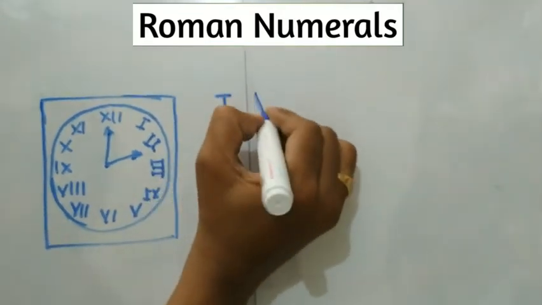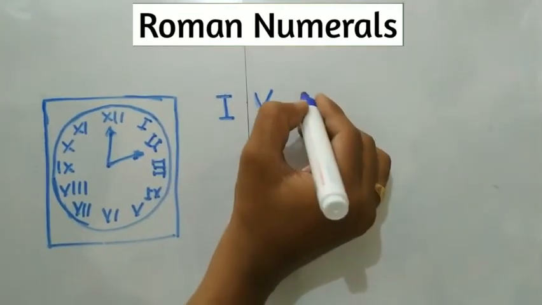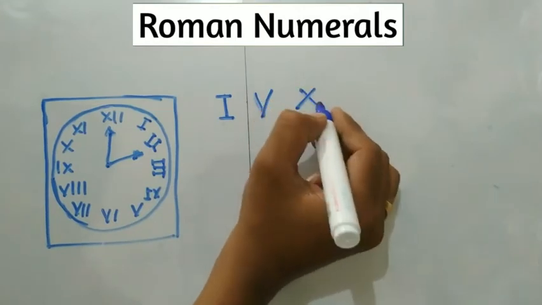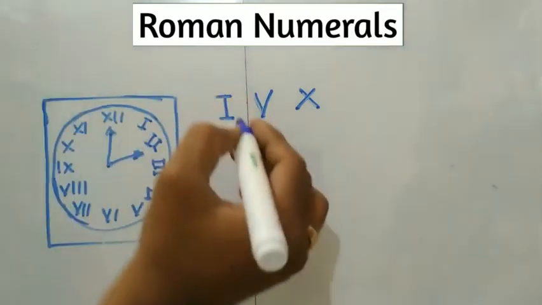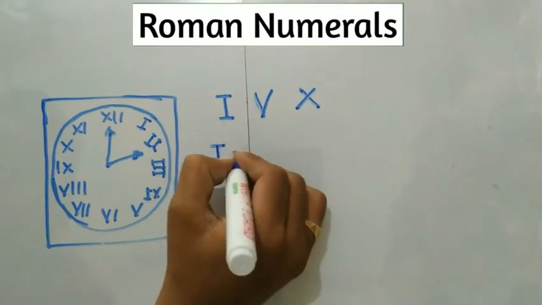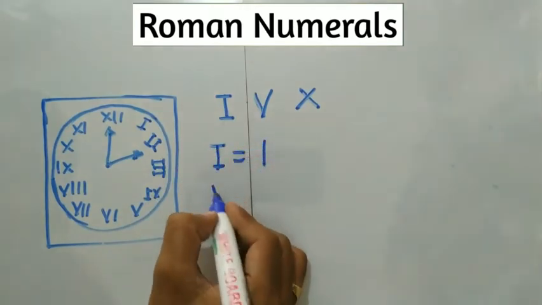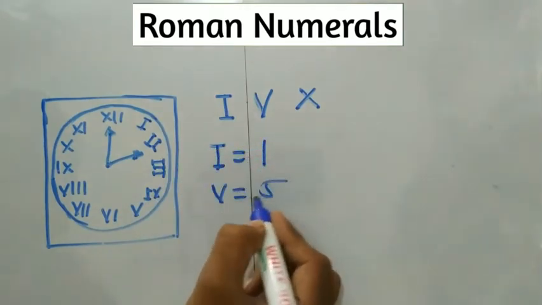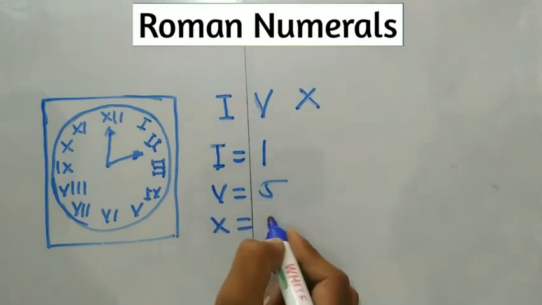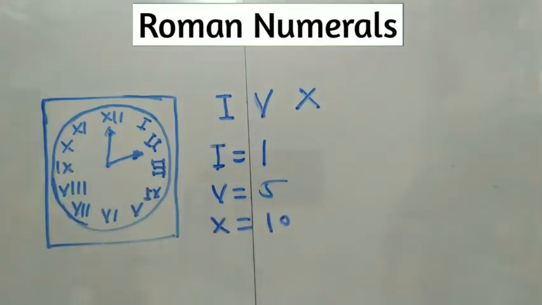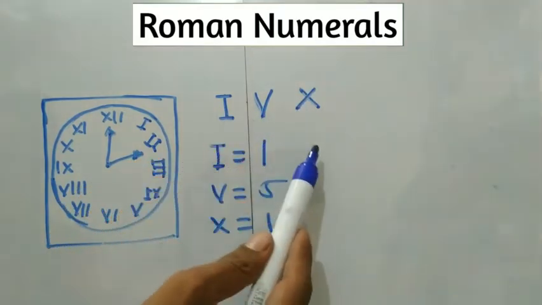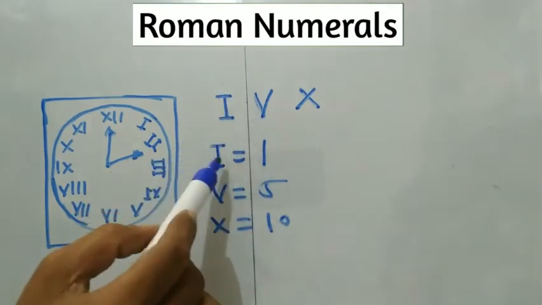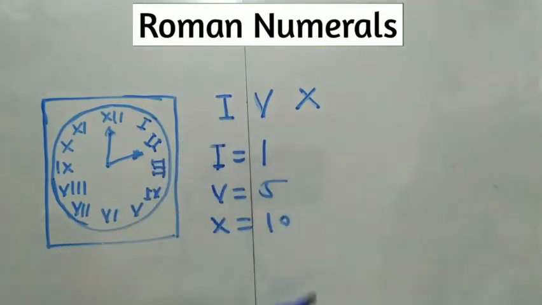Another one is capital V. Another third one is capital X. These all are the Roman capitals, and the value of I is equal to 1, the value of V is equal to 5, and the value of X is equal to 10. So these three Roman capitals give us the numbers 1, 5 and 10.